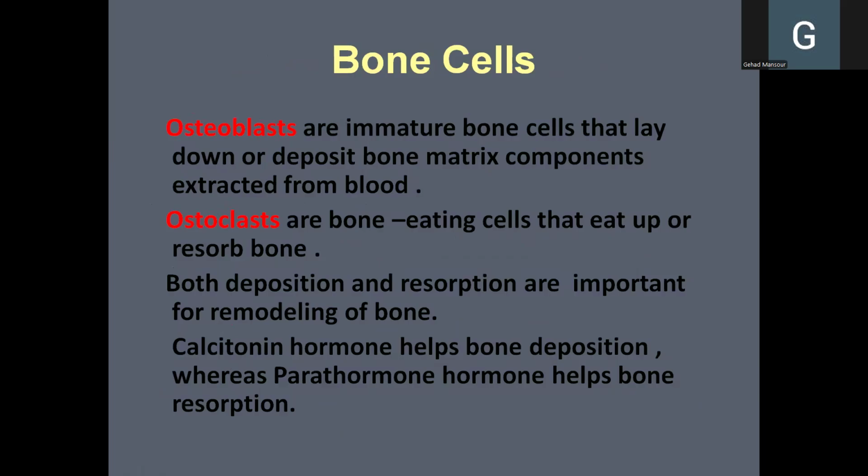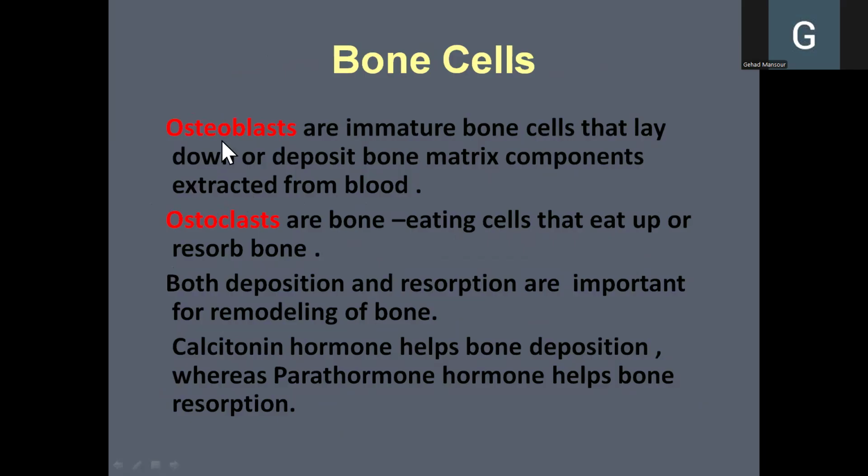And now we come to important definitions, but we have just mentioned them in our explanation. What are the osteoblasts? As we said before, they are immature bone cells that are capable of laying down or depositing calcium and phosphorus into the matrix, and these minerals are extracted from the blood.